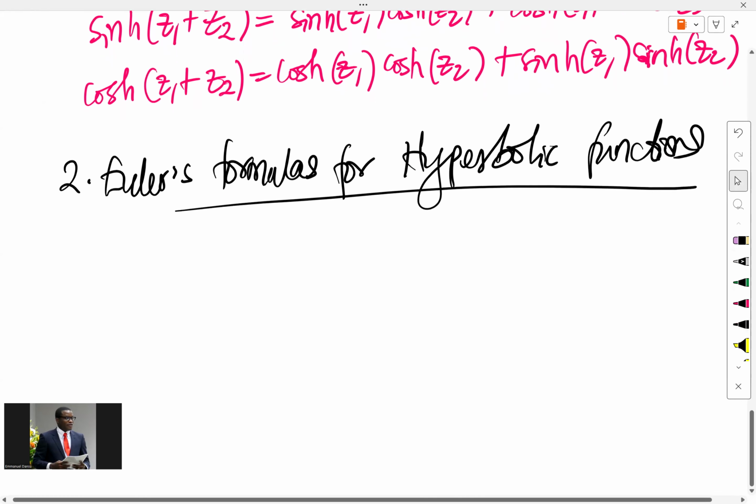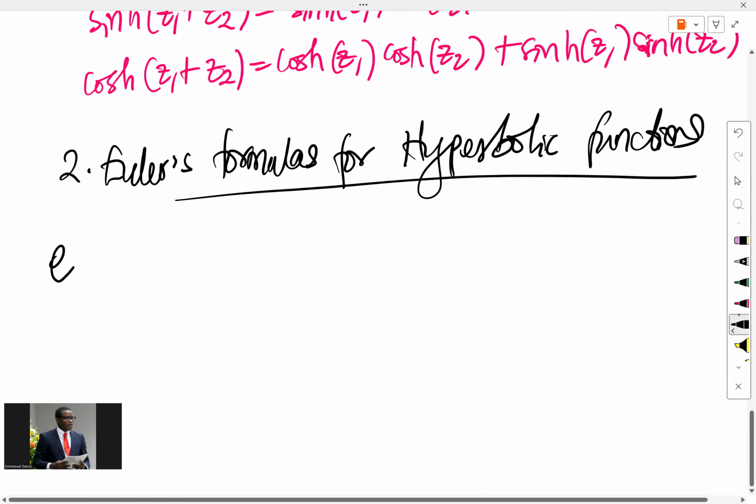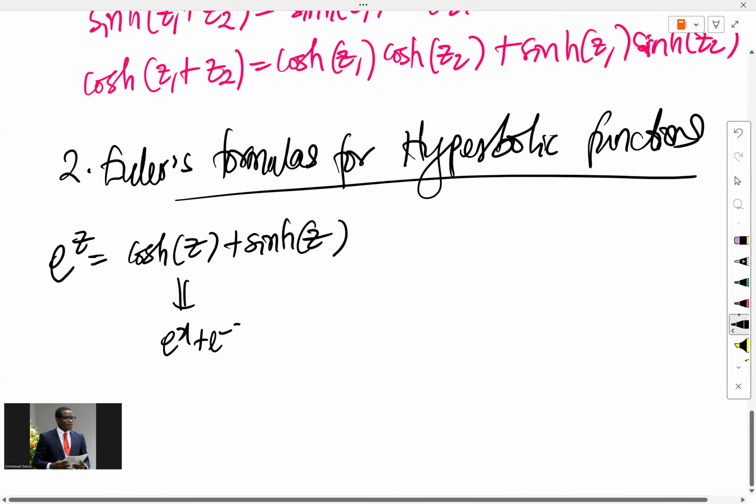Here, e raised to power z is equal to cos z plus sine z. You can practically try this out. This is e raised to power x plus e raised to power minus x, divided by 2.